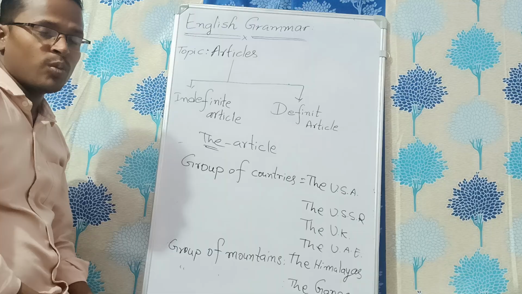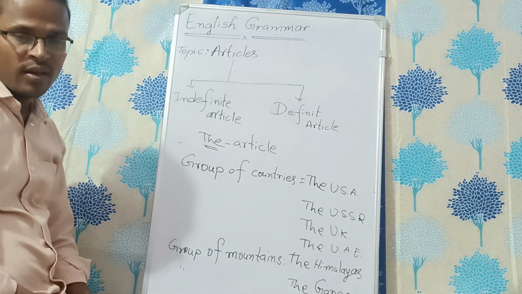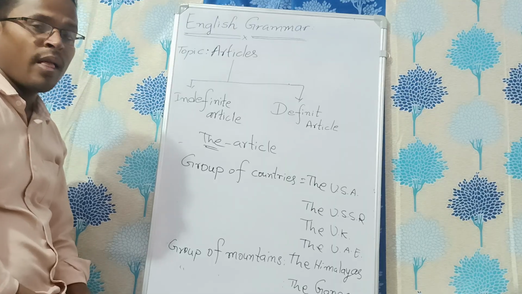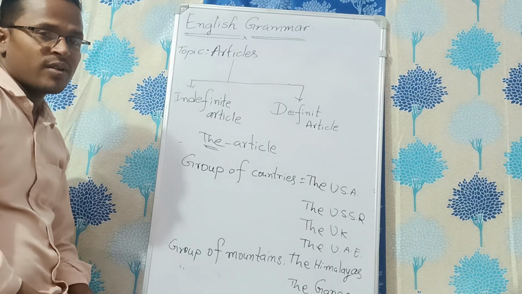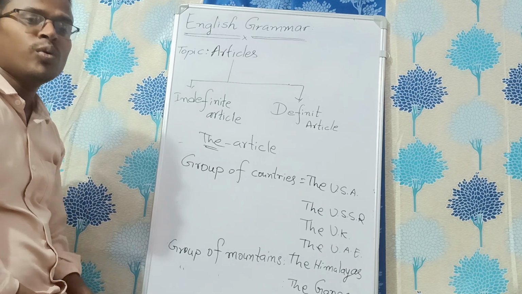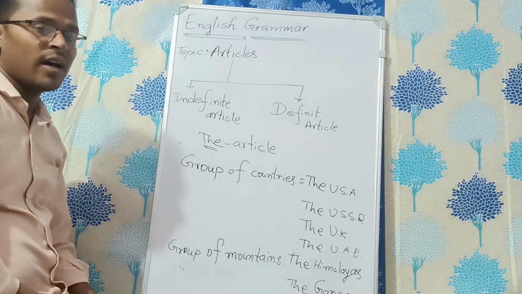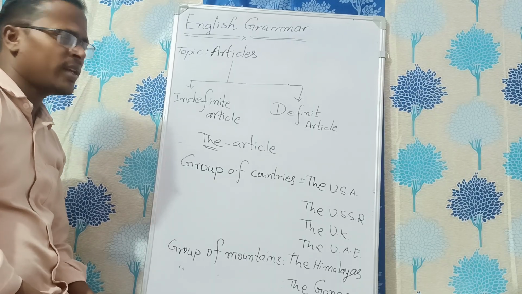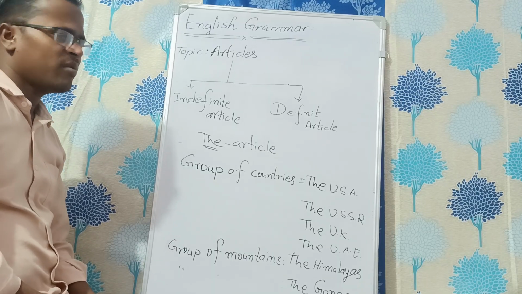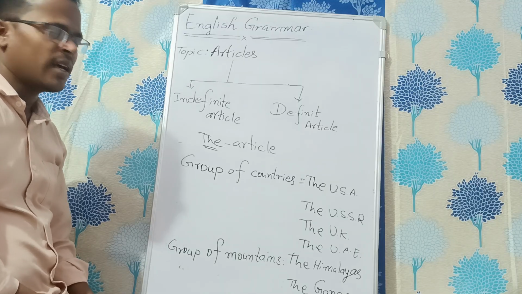So before the group of countries, the group of mountains, and the group of rivers which meet together and form a new river, we have to use the article. And also you can use it before individual rivers like the Godavari, the Krishna, the Kaveri.